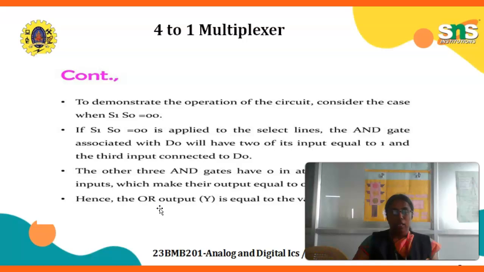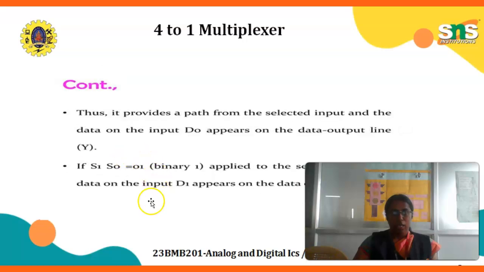Hence the OR output Y is equal to the value of D0. Thus it provides a path from the selected input, and the data on input D0 appears on the data output line. If S1, S0 is 0, 1 is applied to the select lines, the data on input D1 appears on the data output line.